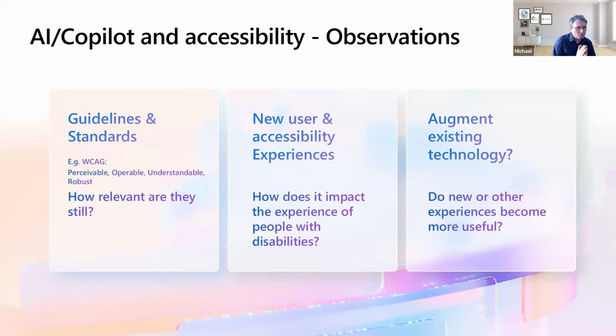On the one hand, guidelines and standards. That's really key from an accessibility perspective, right? But the question and the observation that we've seen, I will get to the answer here. For the moment, they're rhetorical questions. How relevant are guidelines and standards in the world of AI?